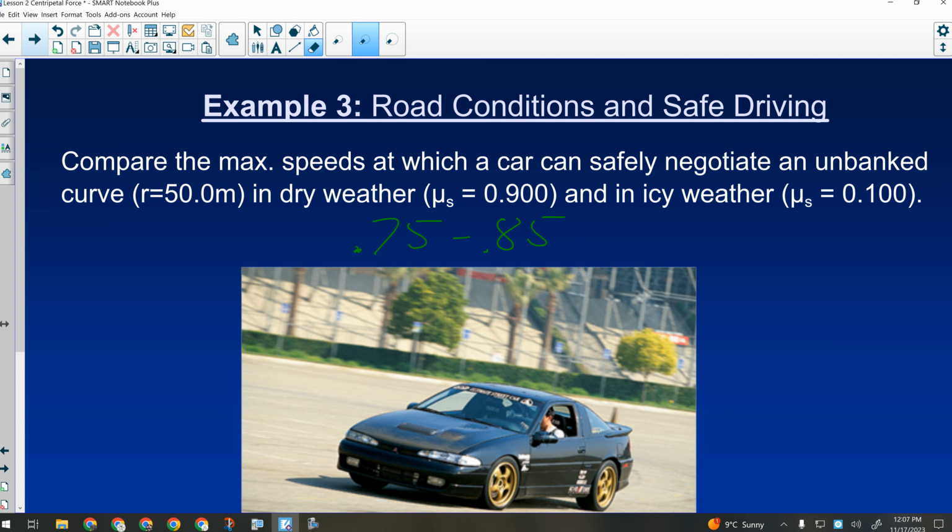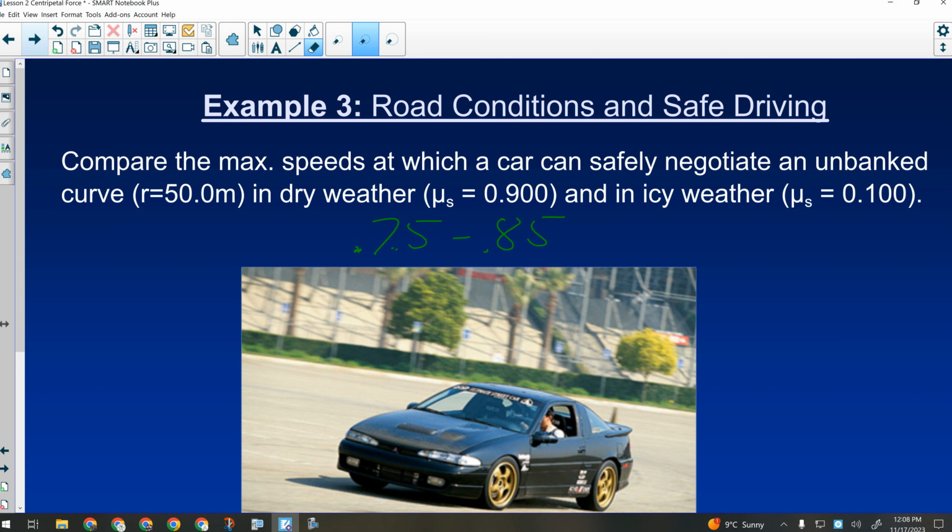So cars can corner pretty well, provided they're designed with a low center of mass and all of that stuff. A larger, taller vehicle, like a truck, this number would probably be lower, probably 0.6 something. A very high-end sports car, that number might be closer to 1 G or even more.